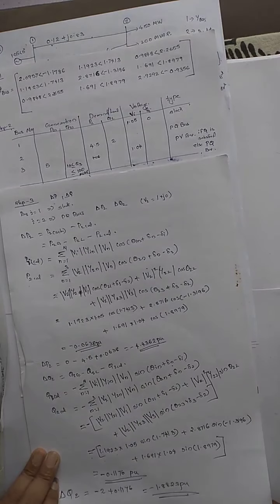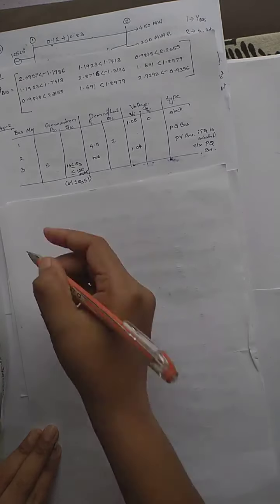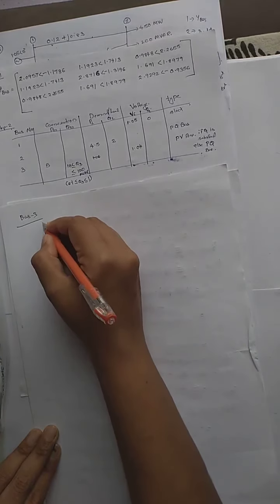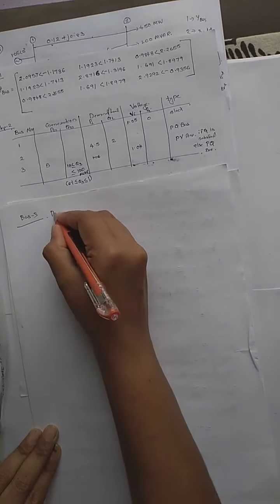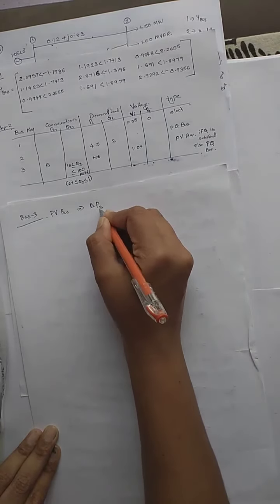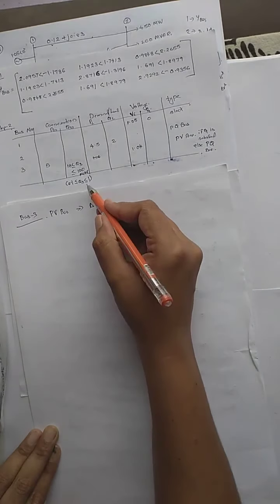Next I have to find out for my bus 3. For my bus 3, i is equal to 3, that is a PV bus. So we have to find only delta P3, but the Q constraint is given, so we have to calculate the Q also.